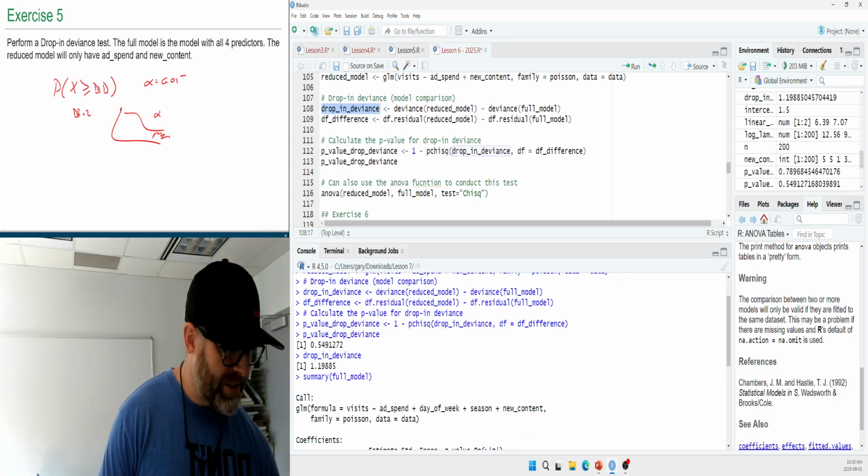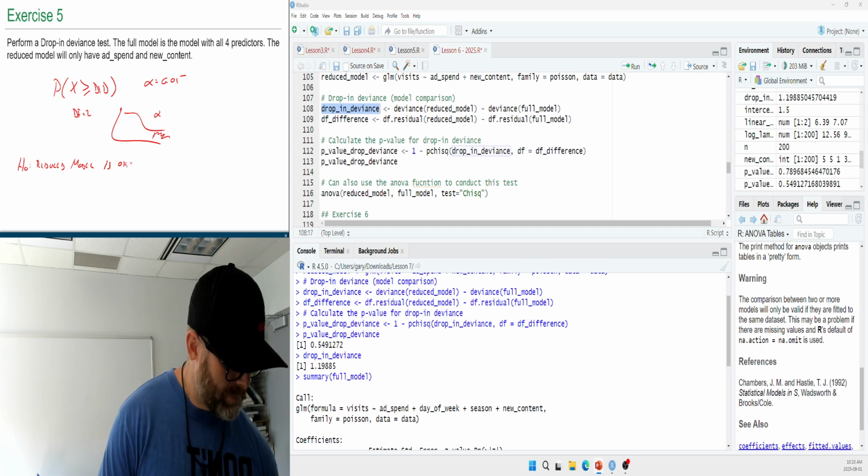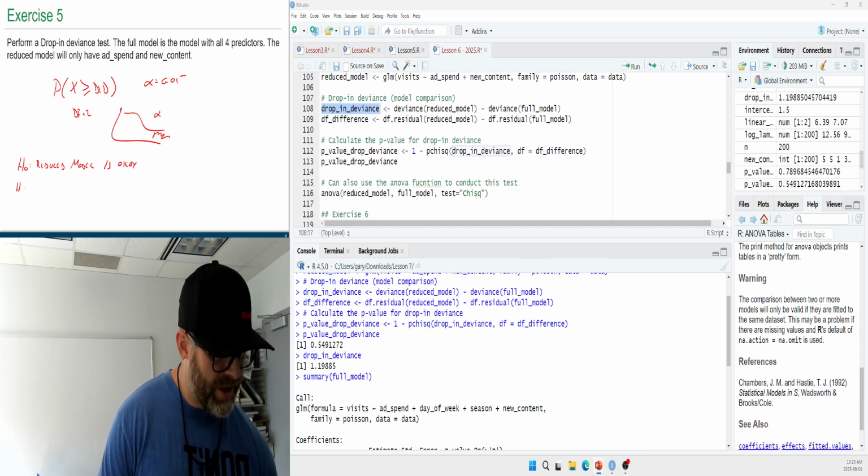So our hypothesis test, let me just write this out in here. The null is that the reduced model is okay, versus the alternative, which is the full model.